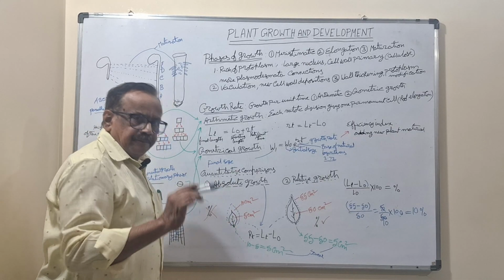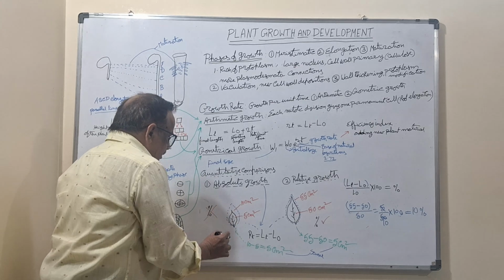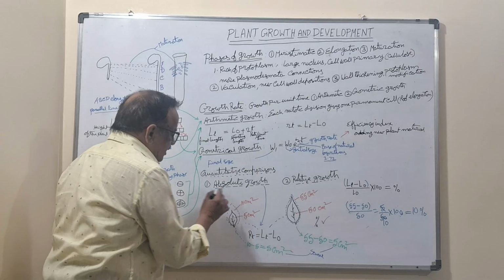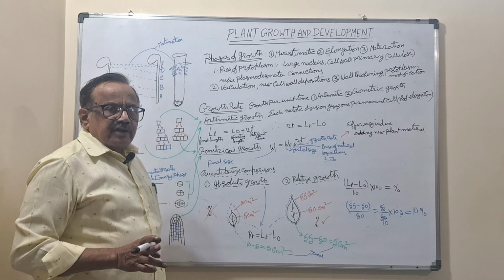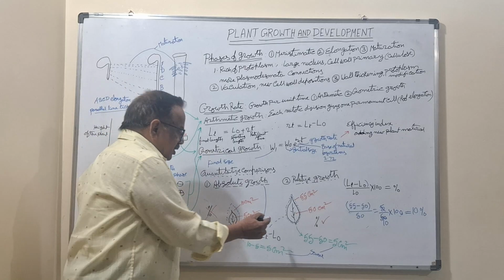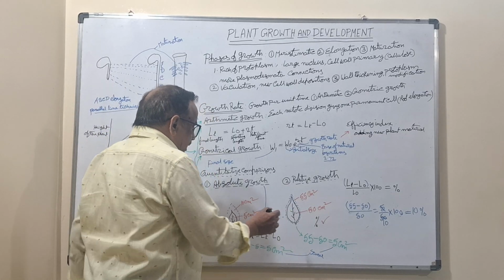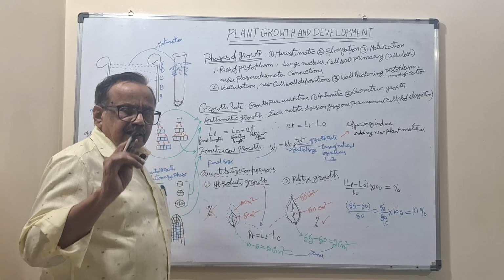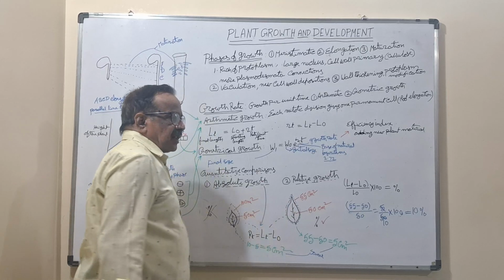After one day, it becomes this much size. The initial size is 5 square centimeters. It becomes 10 square centimeters. At the same time, we take one more leaf having 50 square centimeters initial size, and after one day it becomes 55. The unit time is one day.